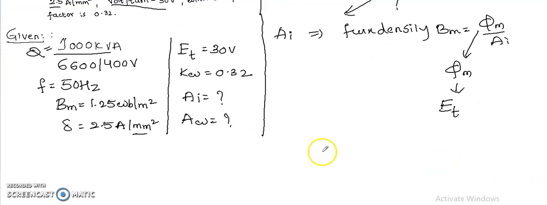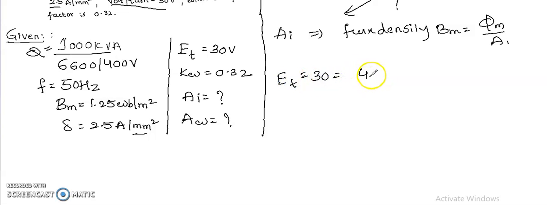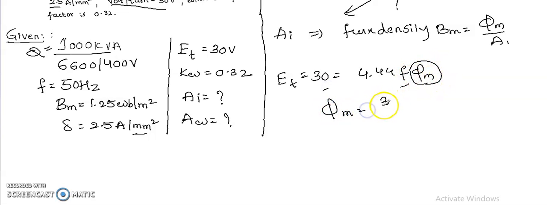So with the help of Et we can calculate. Et is equal to 30. It is nothing but 4.44 f phi. Frequency is given, Et is given, and flux is the unknown. Phi is equal to 30 divided by 4.44 into frequency 50 Hz.